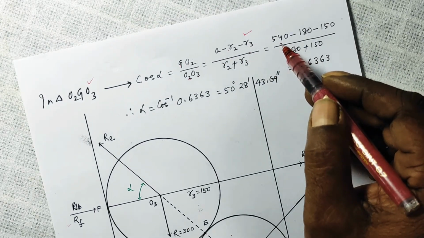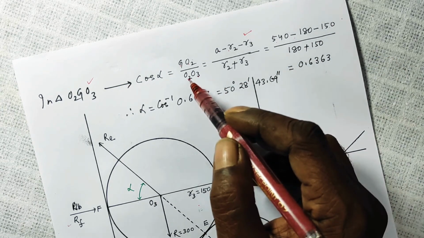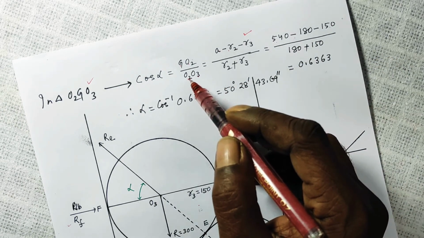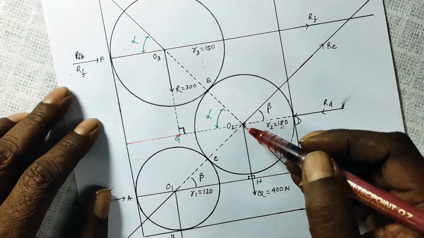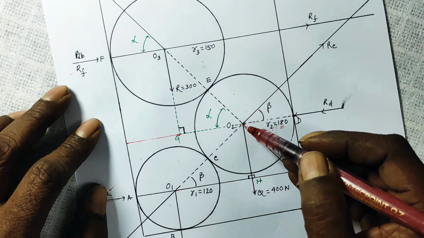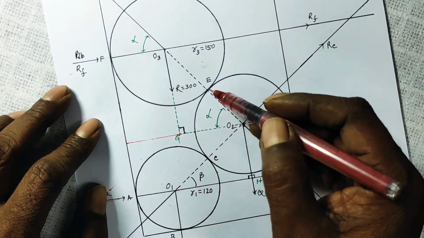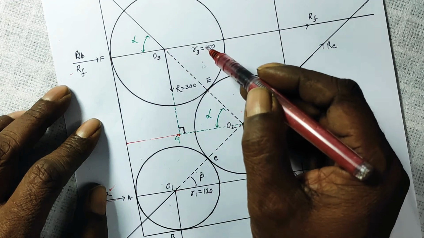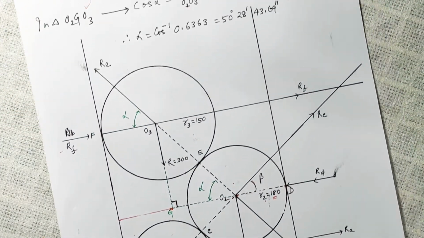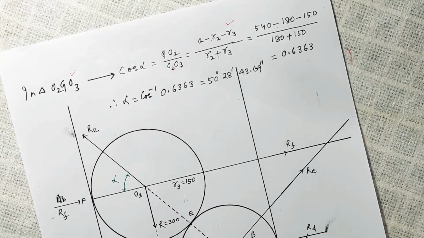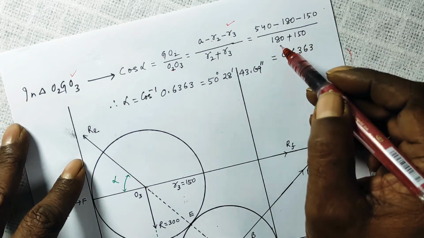So GO2, as I just explained, is A minus R2 minus R3. Putting the values, this comes out to be 540 minus 180 minus 150. Now what is the distance between O2 and O3? From O2 to this point is the radius of this one, that is 180. From here to here is the radius of this one, that is 150. So O2O3 is equal to R2 plus R3, 180 plus 150.